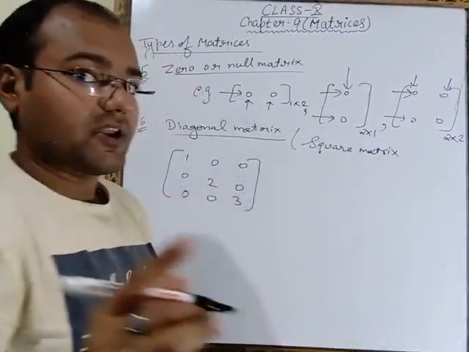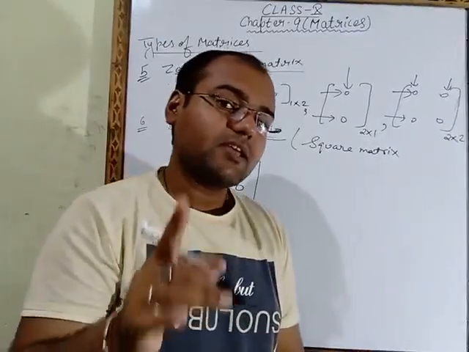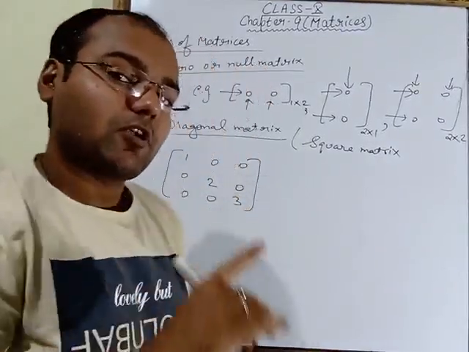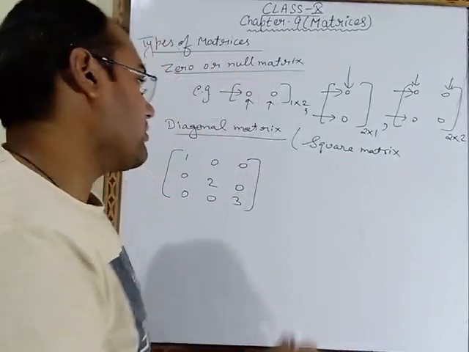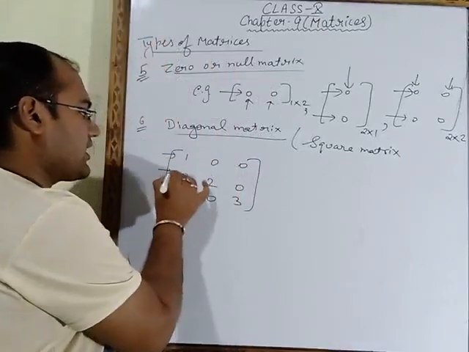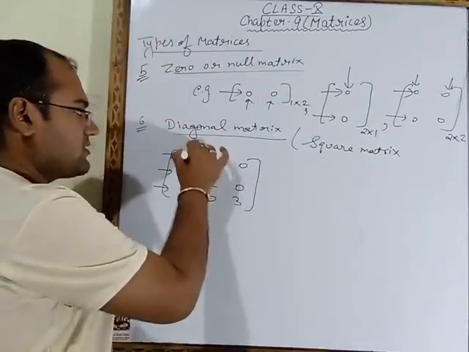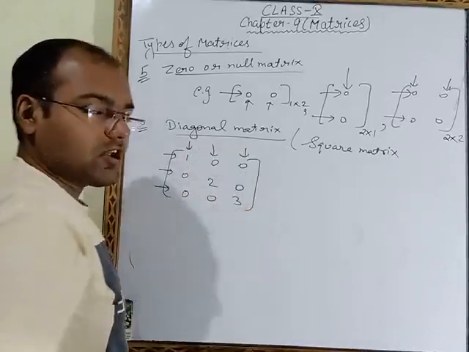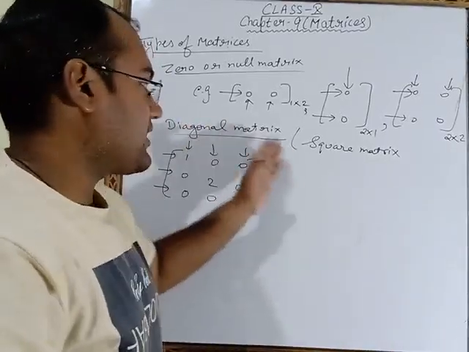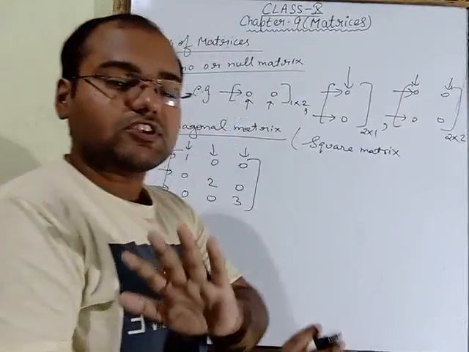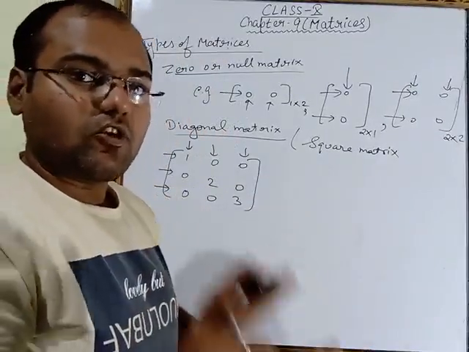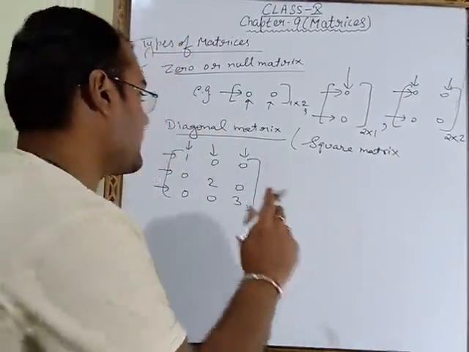A diagonal matrix cannot be a rectangular matrix. A diagonal matrix will be a square matrix. Square matrix means number of rows will be equal to number of columns. You can check here: first, second, third. 3 rows I had given. How many columns are there? 3 columns.